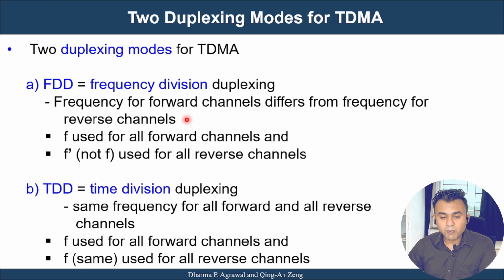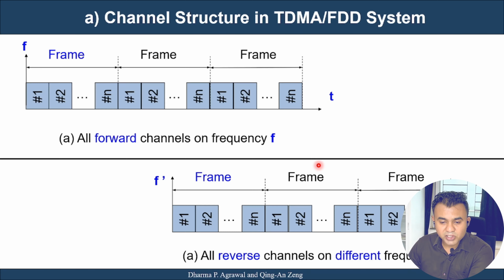In frequency division duplexing, the frequencies for forward channels are different from the frequencies for reverse channels. That means in forward channels we have the slots, and in reverse channels, meaning uplink, we will have the slots, and in downlink we will have the slots, but they are different in frequencies. So two different frequencies are used for uplink and downlink, such as, let's say, F is used for all forward channels and F dash is used for all reverse channels.